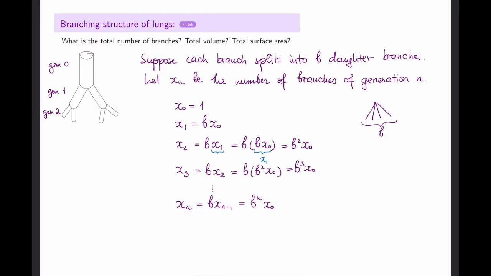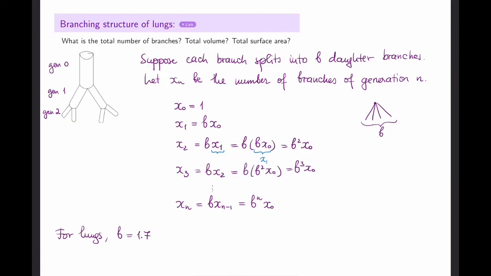For lungs, the structure really isn't this uniform. There is not always the exact same number of branches that each branch splits into. In fact, this differs between the left and the right lung because the left lung has to also fit the heart and therefore is generally smaller altogether. What we do know is that on average, for lungs, we can assume that this b value is going to be 1.7.